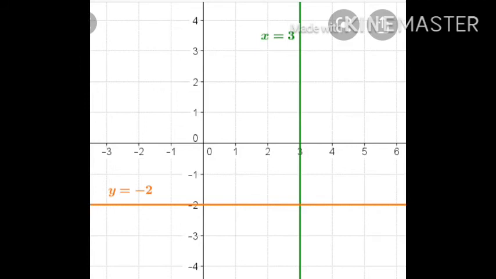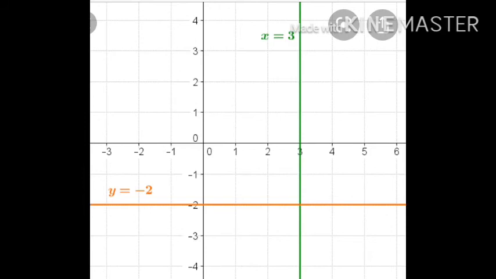The plane is called the Cartesian or coordinate plane, and the lines are called the coordinate axes. The horizontal line is the x-axis and the vertical line is the y-axis. The coordinate axes divide the plane into four parts, called quadrants. The point of intersection of the axes is called the origin.